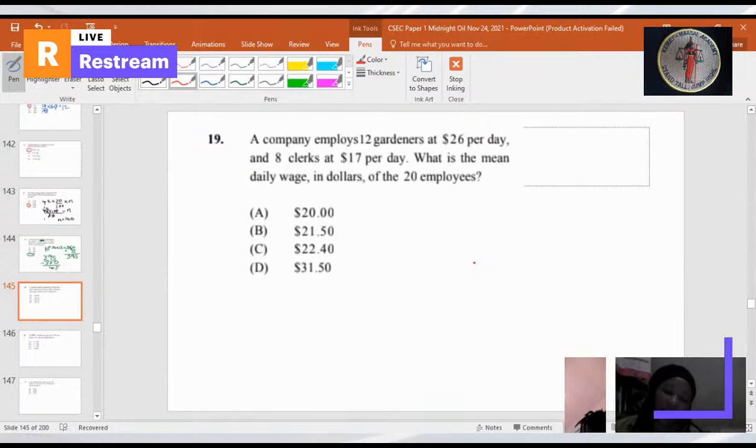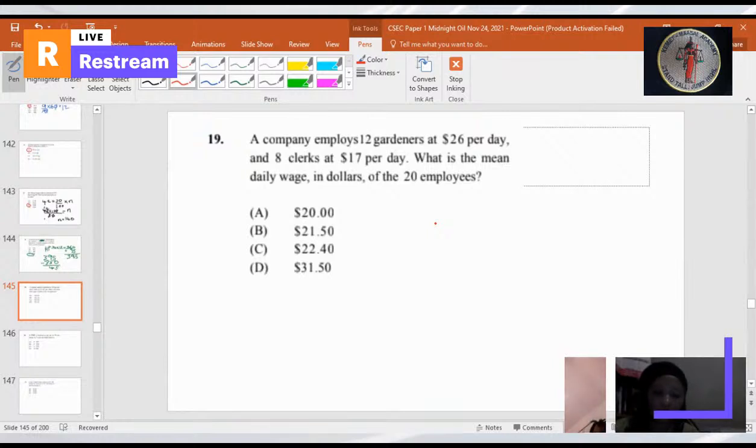What's the average? How are we going to approach this? You're finding the mean. You should add up all of the values and divide by how many there are. So what are we going to add here?